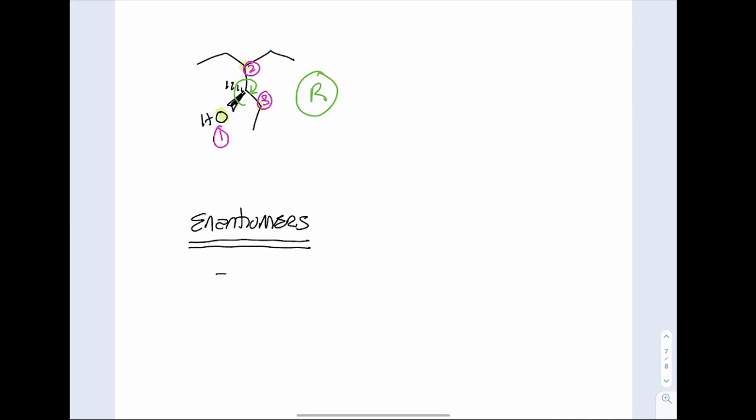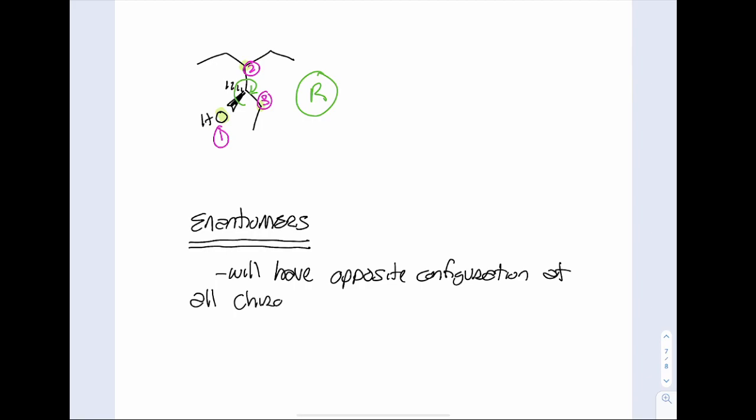So enantiomers will have opposite configuration at all chiral centers. They can have more than one. If they do, all the chiral centers between the two enantiomers will be opposite.